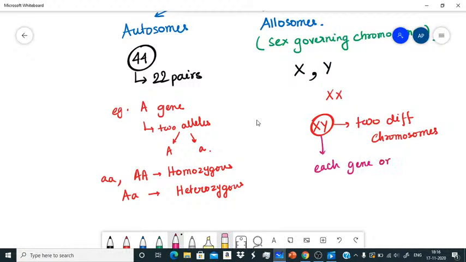Each gene on either X or Y has one allele, which is controverting the popular belief that we had till now. Right, isn't it? All right. Are we clear till this?